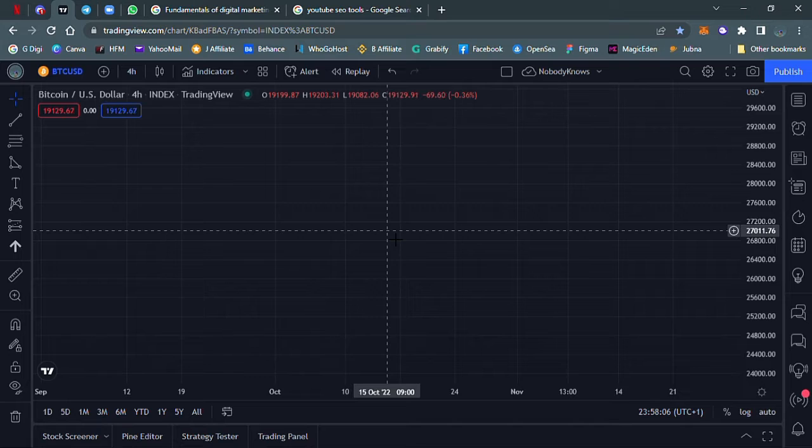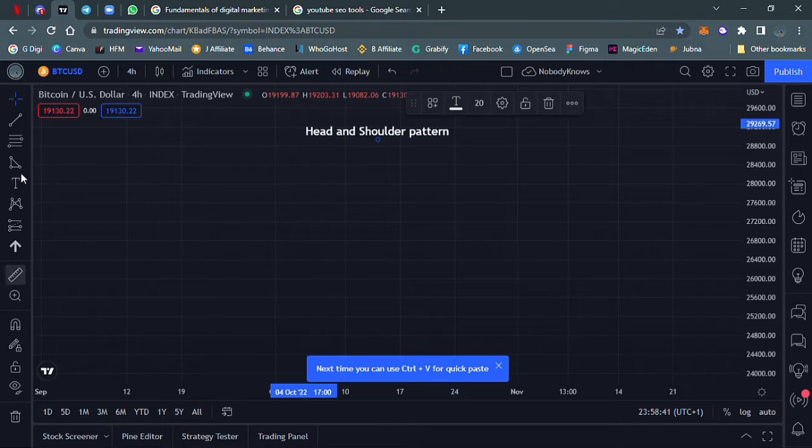So let's get right into it. Without speaking too much English, I'm just going to start with the first chart pattern, which is usually a reversal chart pattern, and it is called the head and shoulder chart pattern. I'm not going to be using the chart right now.